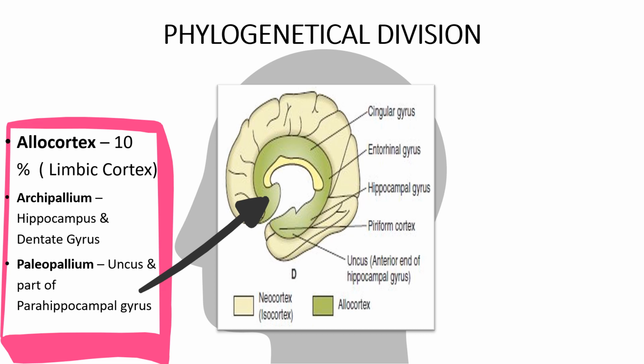So the ring of the limbic cortex functions as a two-way communication linkage between the neocortex and the lower limbic structures. Along with the thalamus and the hypothalamus, the limbic cortex is concerned with emotional and instinctive behavior. So that is the allocortex, which is the old cortex.